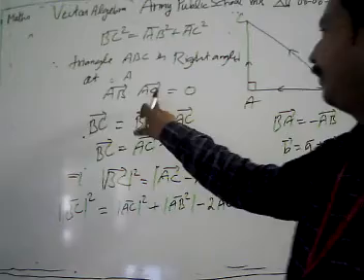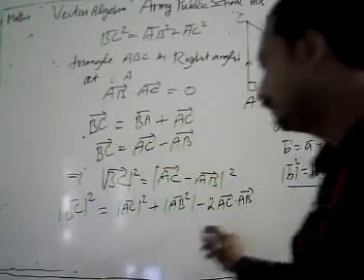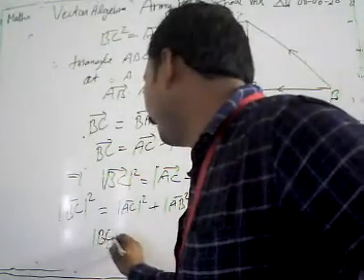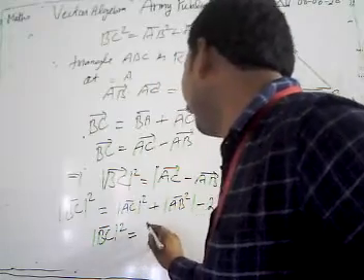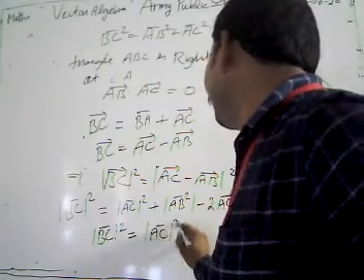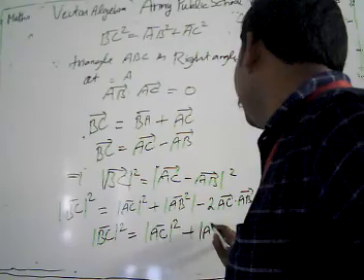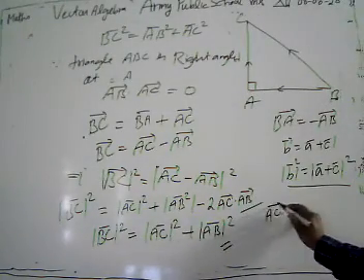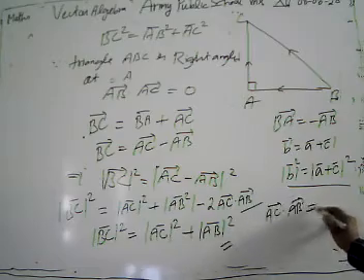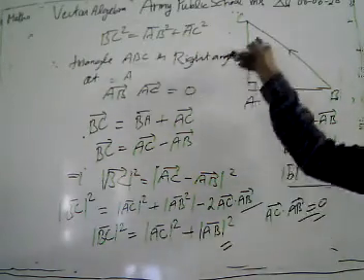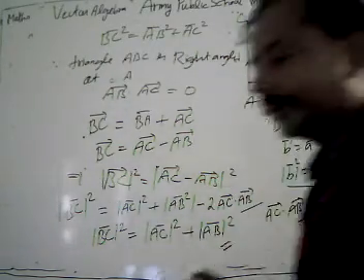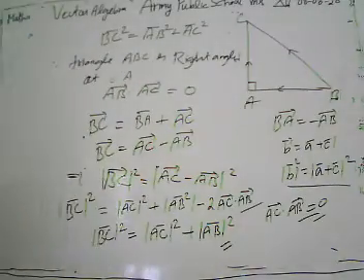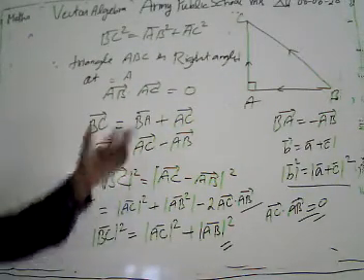Then the product of AC and AB is 0. So vector BC square is AC square plus AB square, because vector AC dot vector AB is 0, as these two sides are perpendicular to each other.